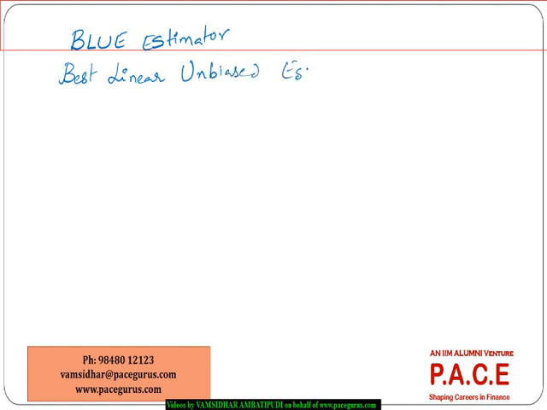And the final aspect of this particular session is what is this BLUE estimator? BLUE is the best linear unbiased estimator. So the words are very important for us.